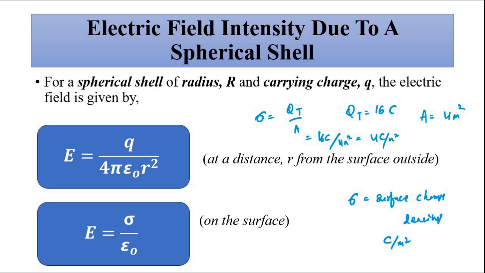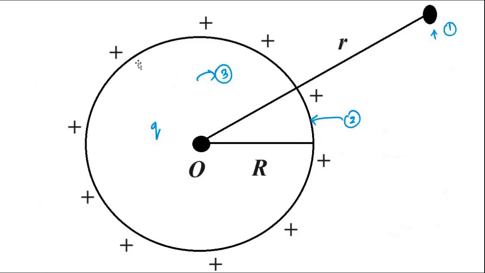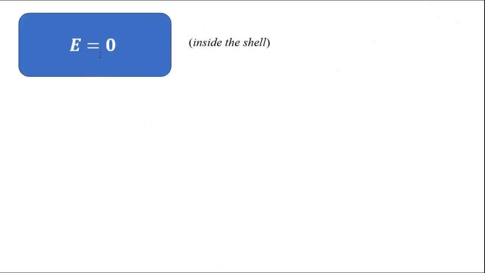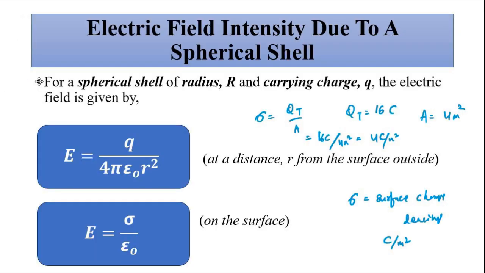Here the entire charge Q is distributed uniformly over the surface area 4 pi r square. And the third case is when the point is inside the shell, the electric field intensity is equal to 0. So this is the electric field intensity due to a spherical shell.